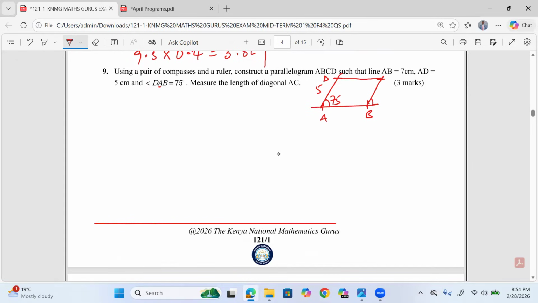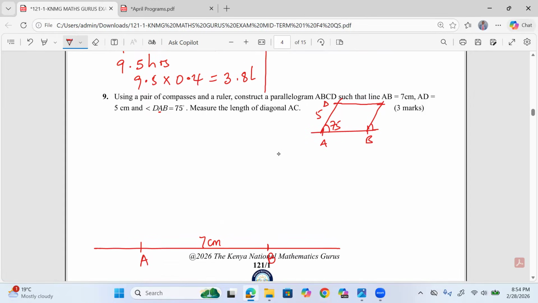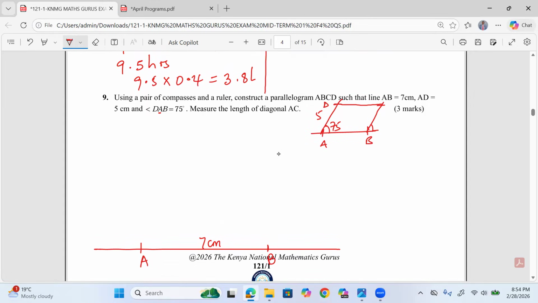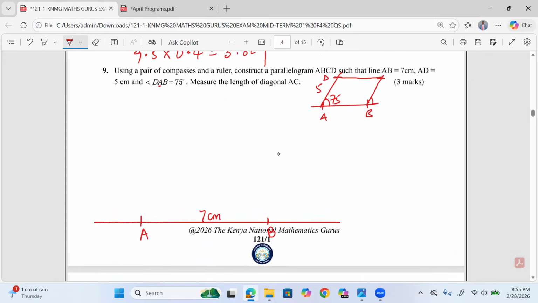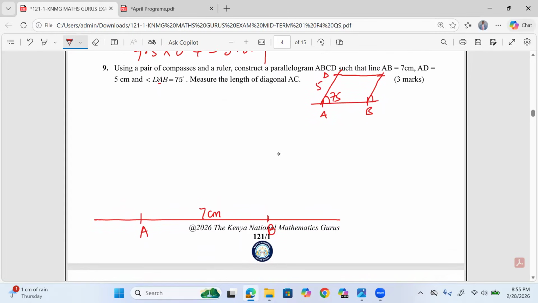Allow me to start by drawing a very straight line and marking a point A. Then using an arc of exactly 7 centimeters, I identify a point on the same line as my B. Now we need to construct exactly 75 degrees at point A. Remember, a normal paper will always have some basic construction and geometry, so please be equipped.